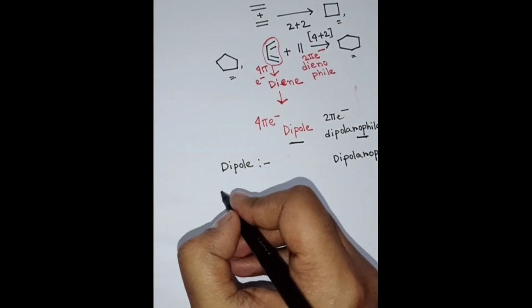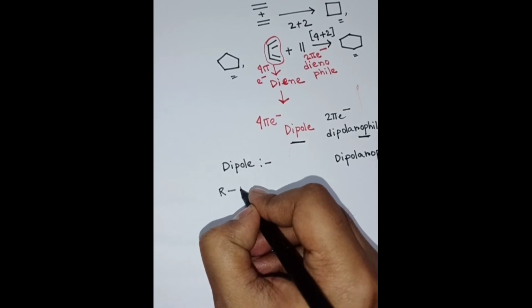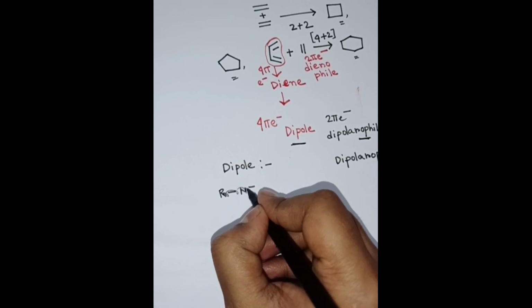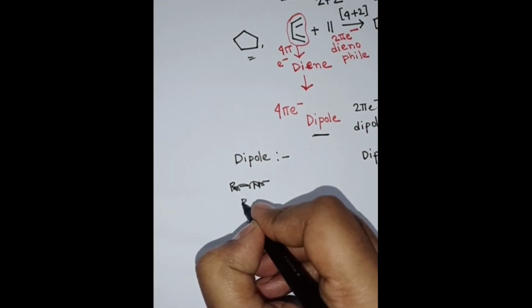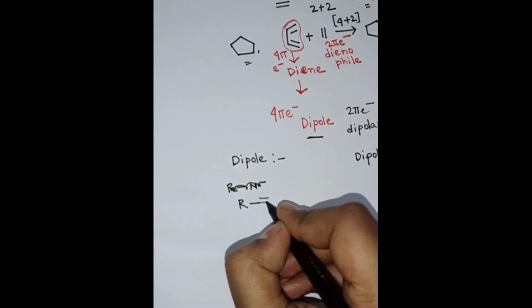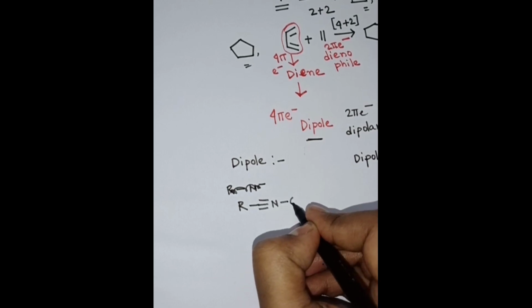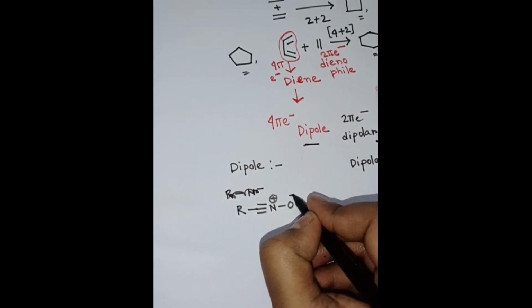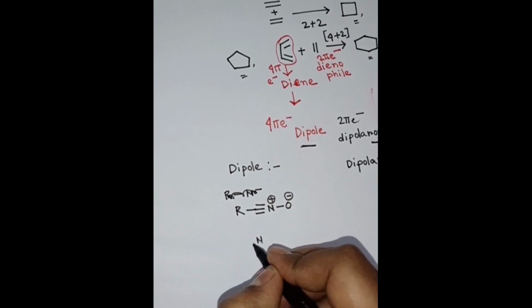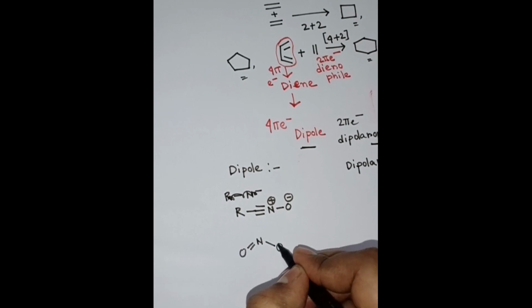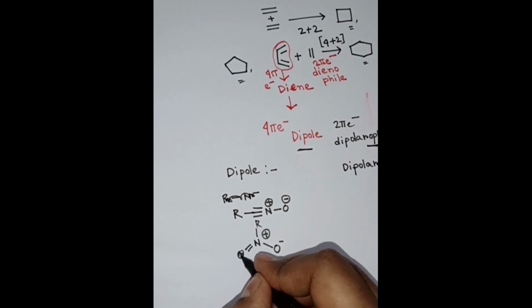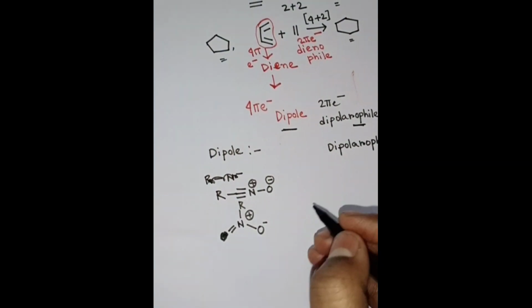In the case of dipole, the examples can be this one, or it can be this one with a CH2 bond.